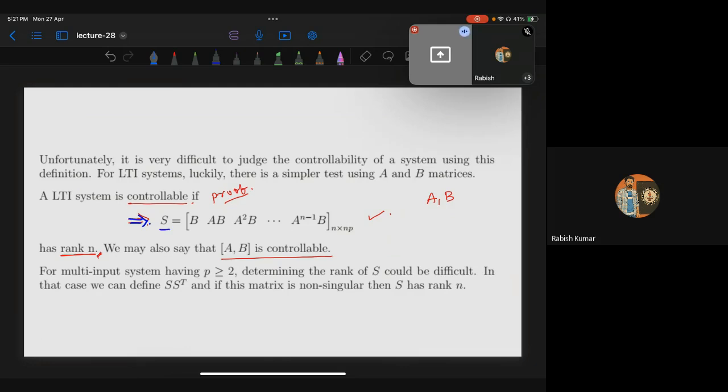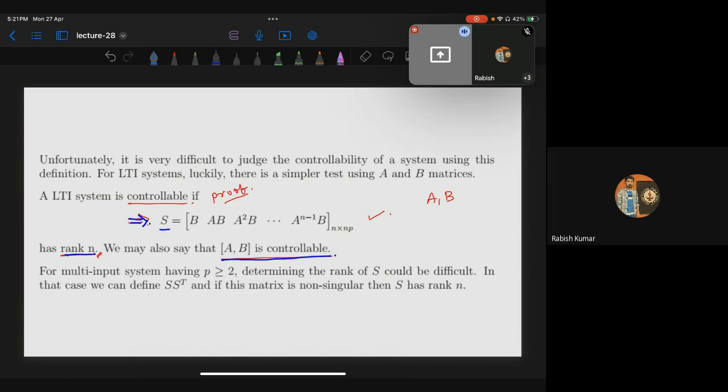If we find the rank of that matrix, which goes like this: B, AB, A square B, up to A to the n minus 1 B. If that rank is equal to n, then we can say that the system is AB controllable. So this is the basic definition of the controllability check.